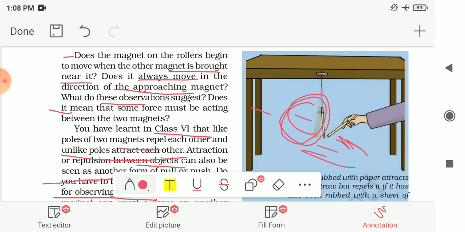And in the second case, when the free end of the suspended piece of straw is rubbed with the sheet of paper, and again the piece of straw that was rubbed earlier is brought near to it, then the suspended piece of straw moves away from it. That shows the repulsion between these two straws. That means when we rub only one piece of straw, it will attract the other one, and when we rub both of them, then they will repel each other.